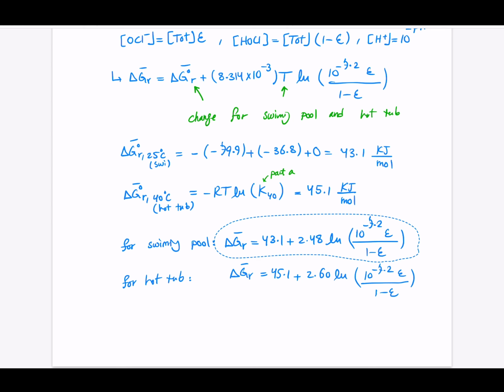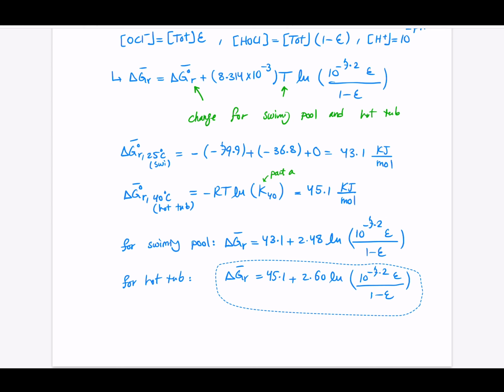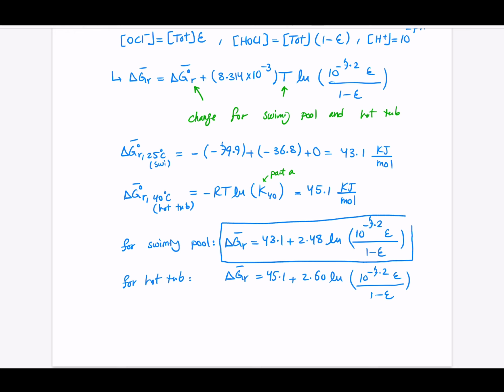So we have two equations. We just need to construct a plot. An easy task if we have Excel or any other programming language that you want to use.